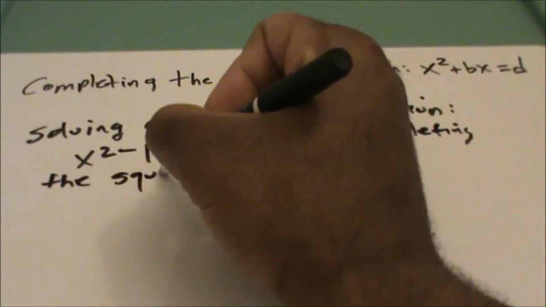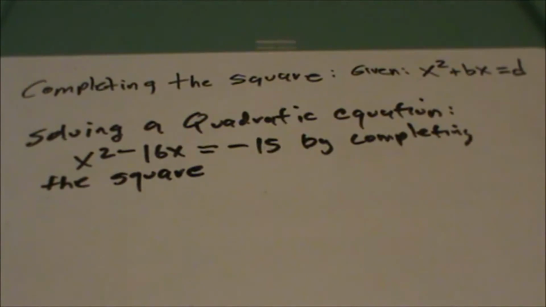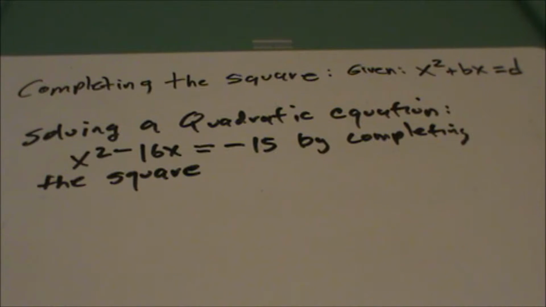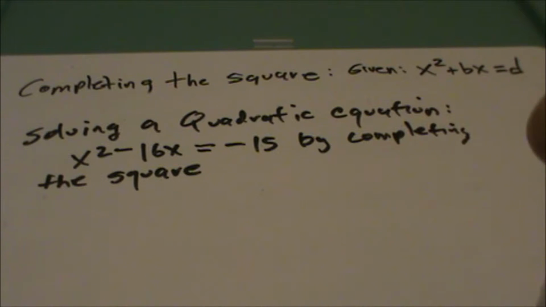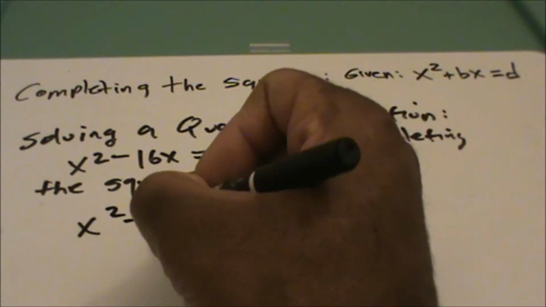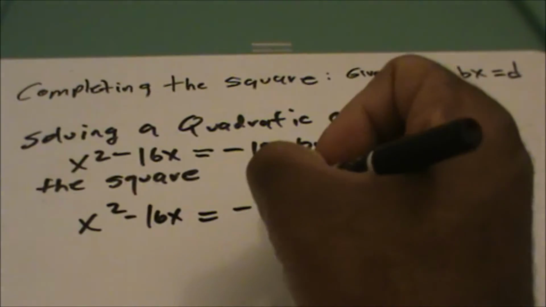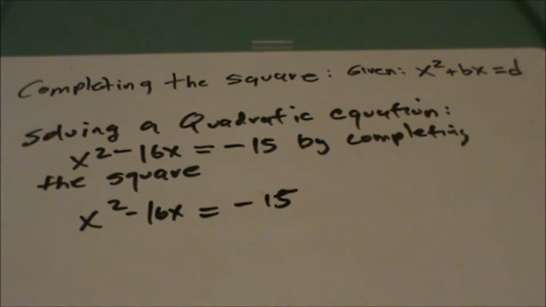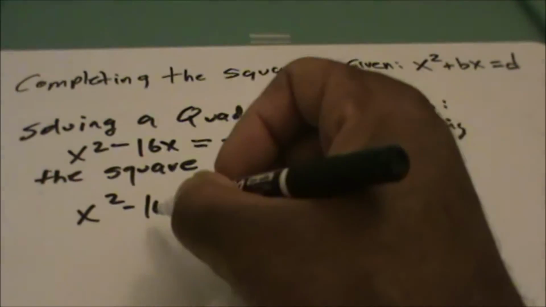We'll do two examples real quick, and you'll use the knowledge from completing the square in solving this expression. There may be extra steps, but notice it really carefully. So again, we have x squared minus 16x equals negative 15. We're going to look at the middle term and complete the square as in the last two examples.